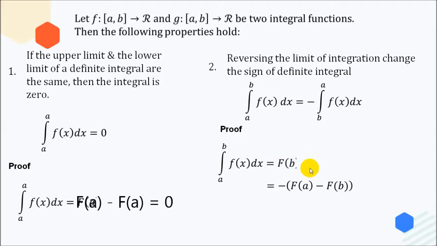It means that we have b as the lower limit and a as the upper limit. So we have the negative here, and we can take it in front of the integral. So it means that we have the same value.